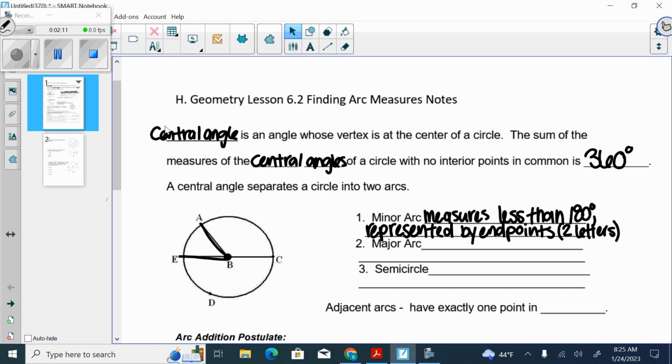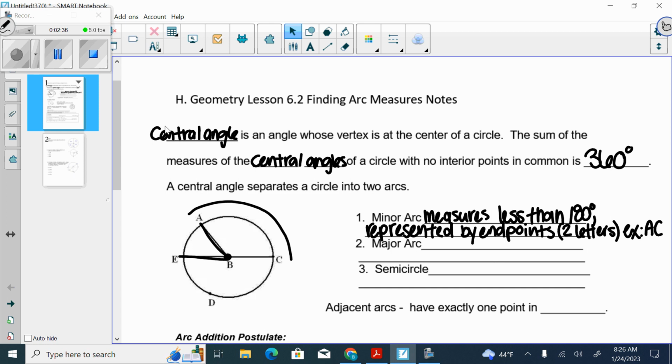So an example of a minor arc, something less than 180 degrees. That means it's going to go less than halfway around the circle, right? An example of that in this picture would be from A to C. That's clearly less than 180 degrees. If I was to name that arc, I use its 2 endpoints, which are A and C. So my example here would be AC.